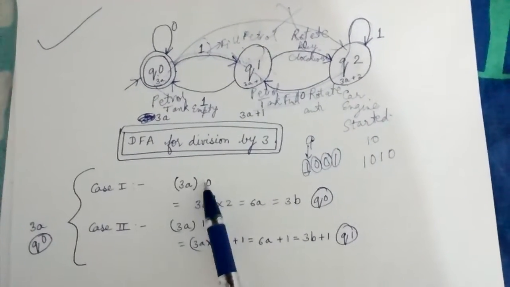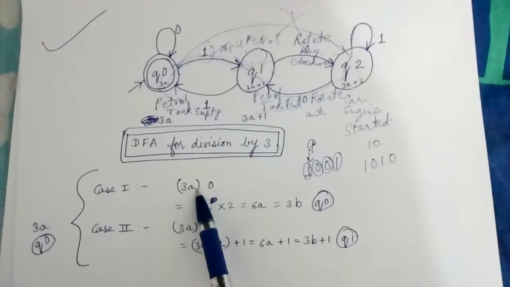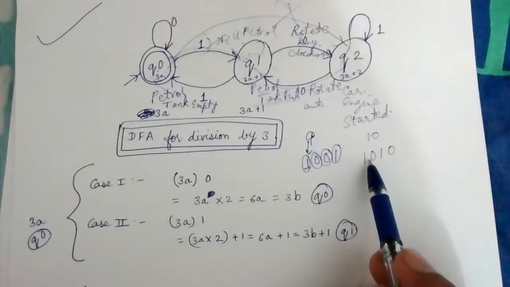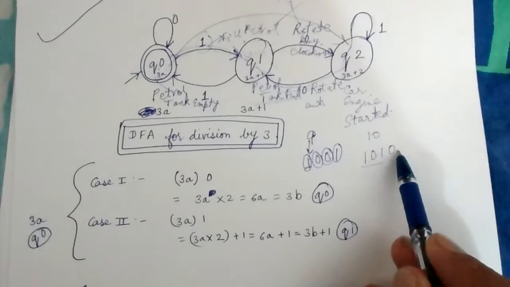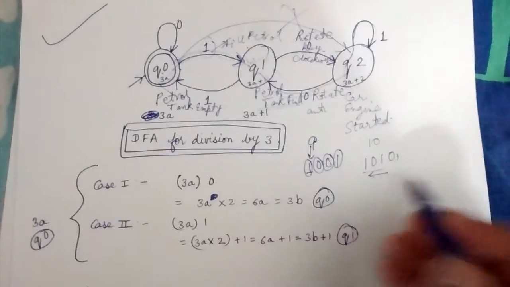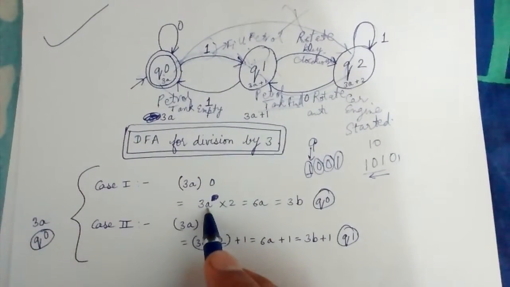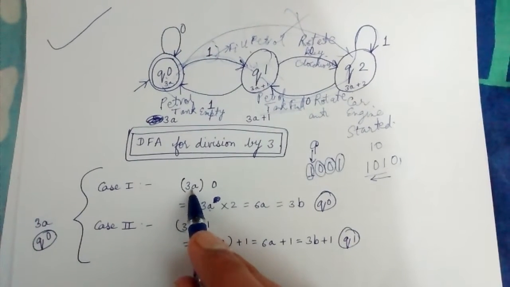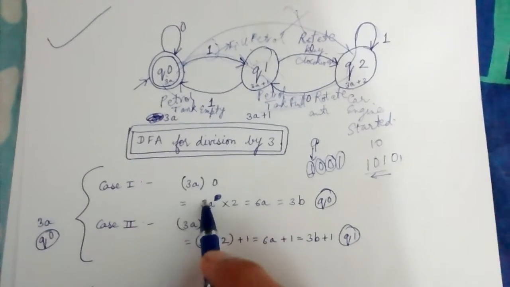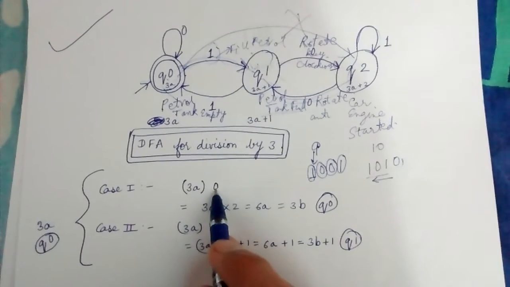So if I provide a 0 as the next bit of my input, then what is going on here? Let's take this example. 101 has already been provided. Now I provide 0. So this 101 has shifted to the left by 1 position. The number was initially of the form 3a. So 3a has shifted left, that is 3a multiplied by 2, and this bit is 0.